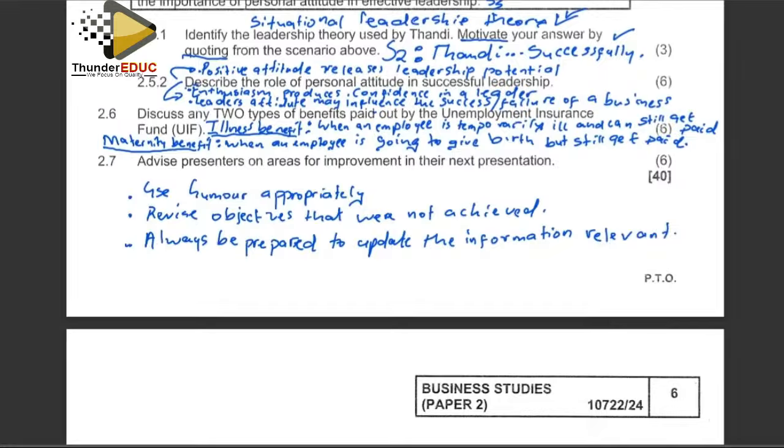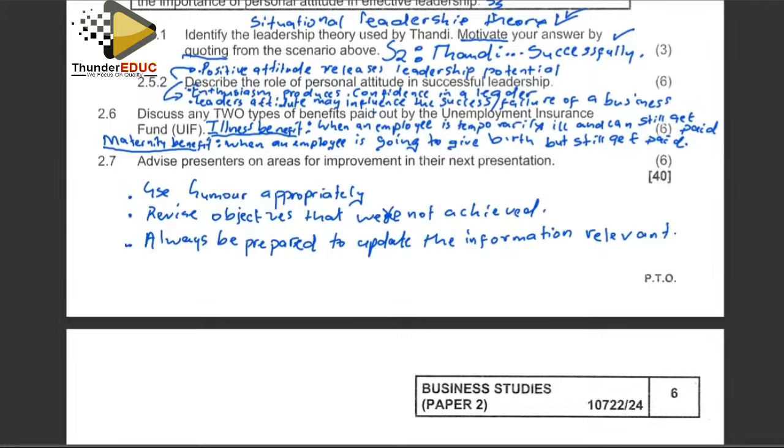Okay, right. So now we're saying that as a presenter, use humor appropriately, revise the objectives that were not met, and also always be prepared to update the relevant information. Okay, right. Great talks. So now we are done with our question 2.